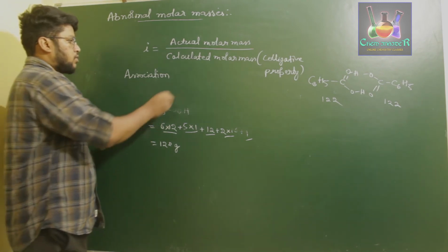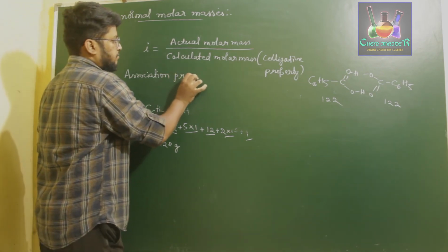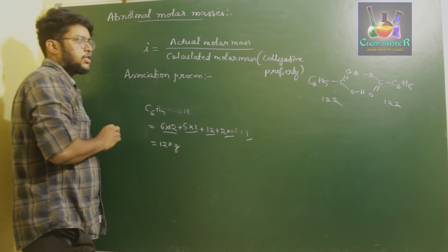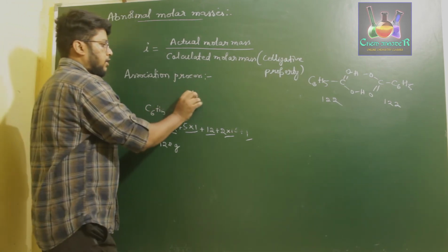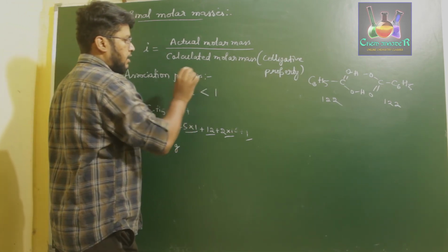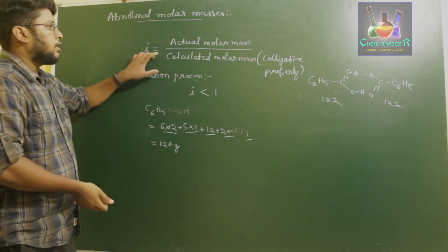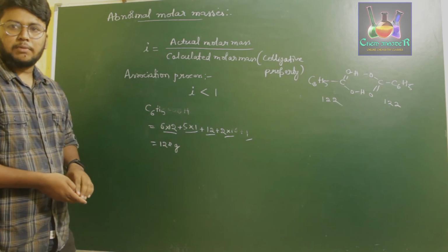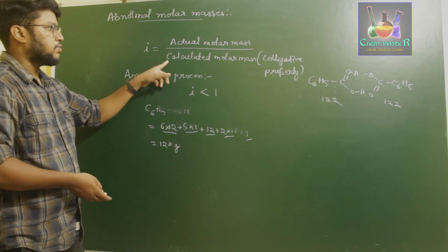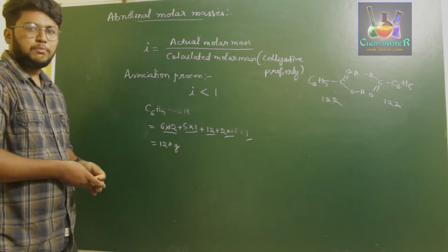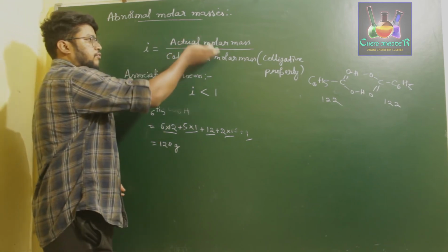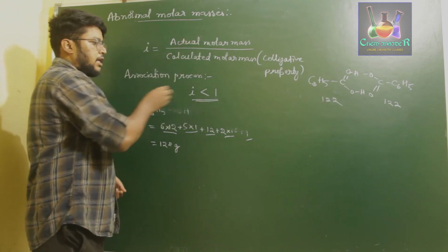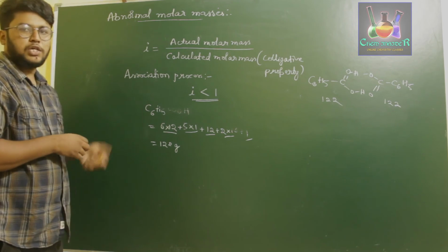For an association process, the Van 't Hoff factor i will always be less than 1. That is because the calculated molar mass will always be greater than the actual molar mass. Therefore, if you divide these two, you will always get i less than 1 for an association process.